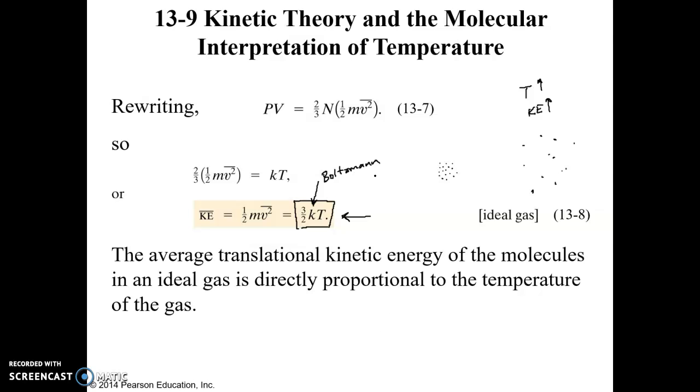Okay, so I just went back to confirm here. Boltzmann is spelled with two N's, and the Boltzmann constant, k, is equal to 1.38 times 10 to the negative 23rd joules per Kelvin.